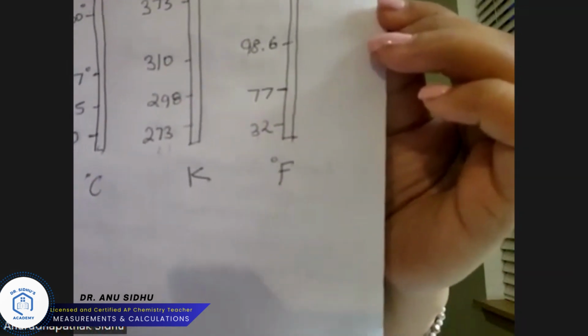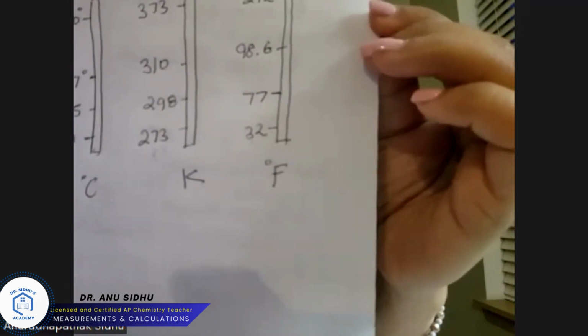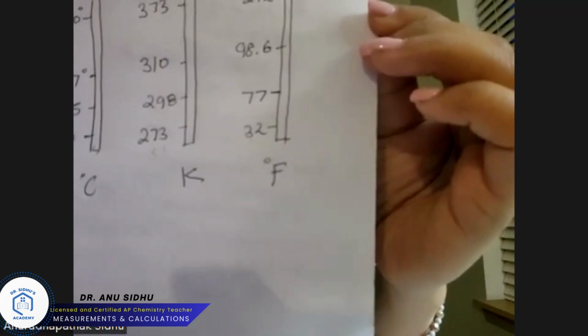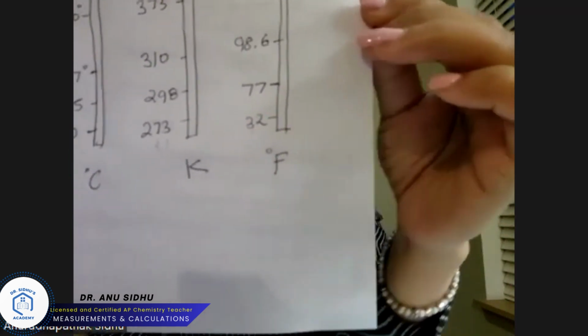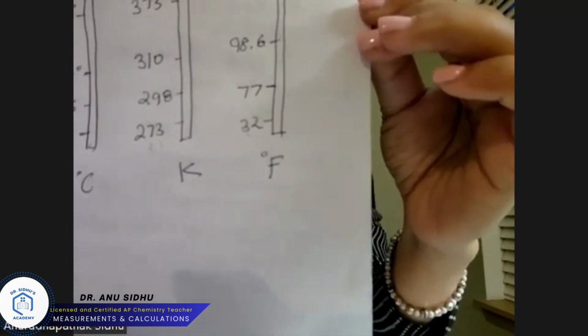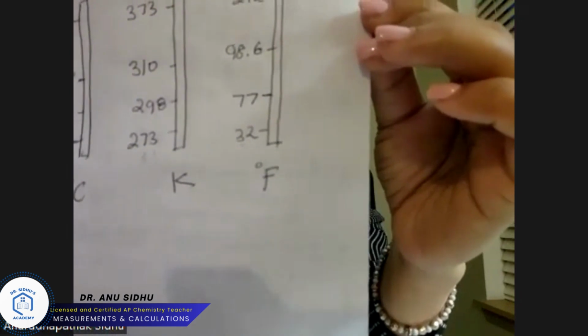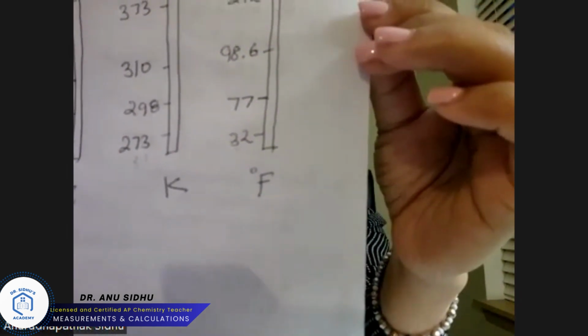So look, water freezes at 0 degrees Celsius. That is the Celsius scale. And in the Kelvin scale, water freezes at 273 Kelvin. That is also known as the absolute temperature or Kelvin scale. And in the Fahrenheit scale, water freezes at 32 degrees Fahrenheit.